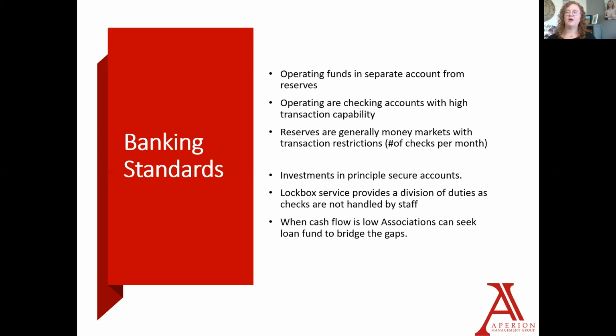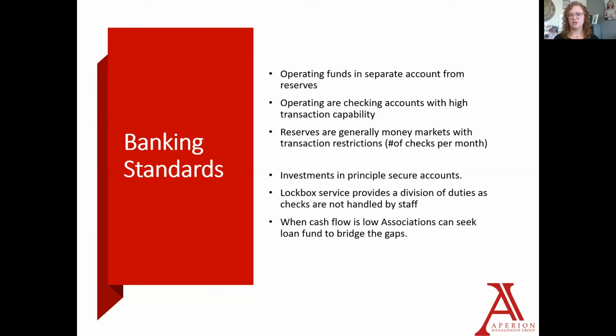And then, from a banking perspective, it's important to understand that should your community come to a crossroads, maybe you have a maintenance project that needs to be taken care of and you don't have enough cash for that, there is the ability to potentially bridge some of those gaps and seek some loans.